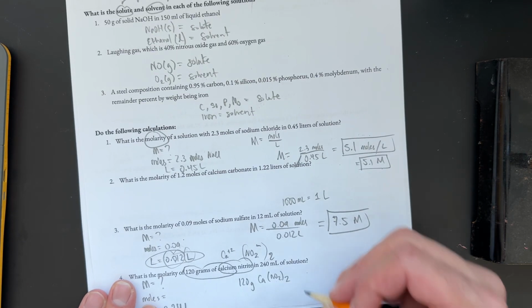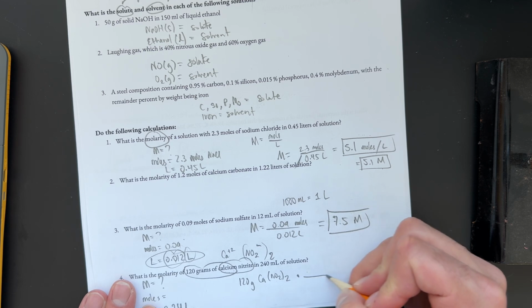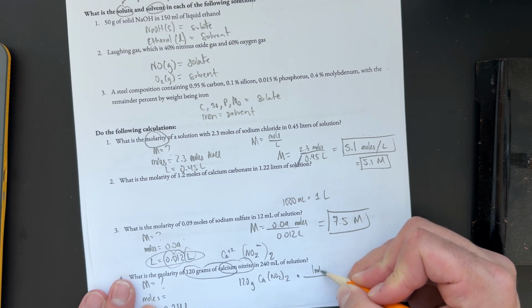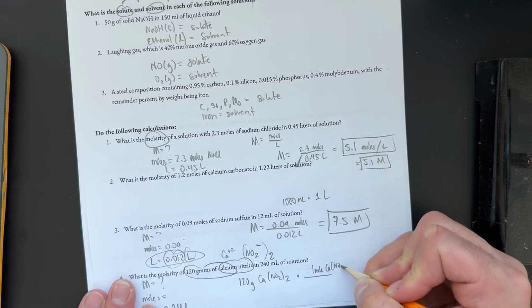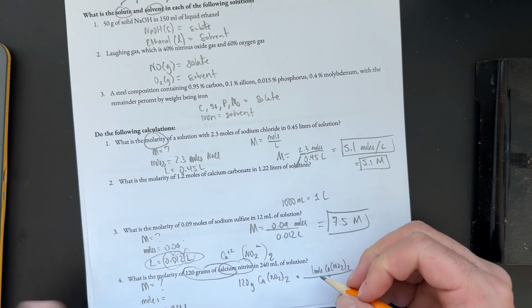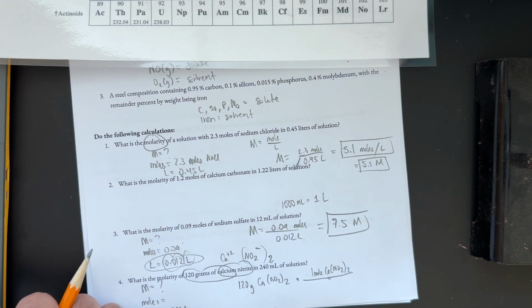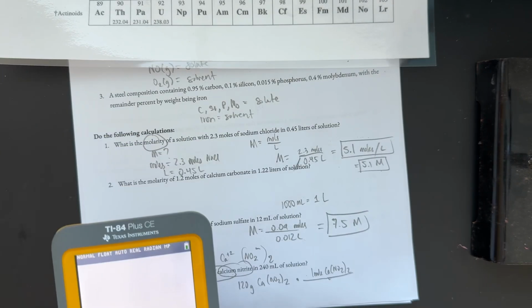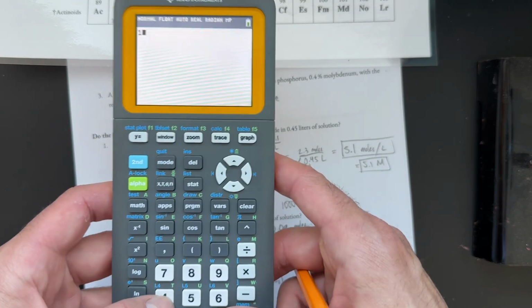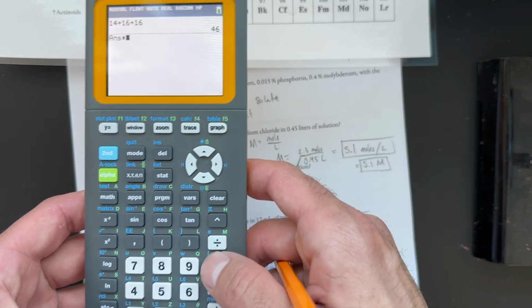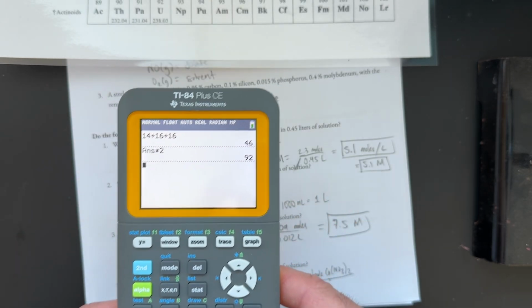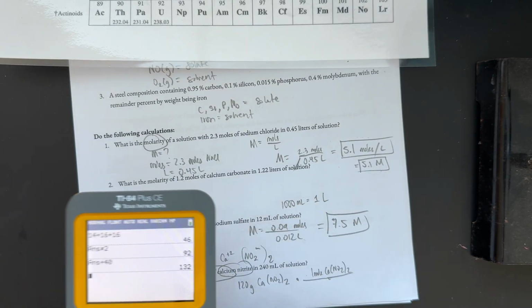So we have 120 grams of that. Well, what's 1 mole of that? Well, 1 mole of Ca(NO2)2 is going to be equal to how many grams? NO2 is 14 plus 16 plus 16, times 2 because there's 2 of them, plus 40 for the Ca.